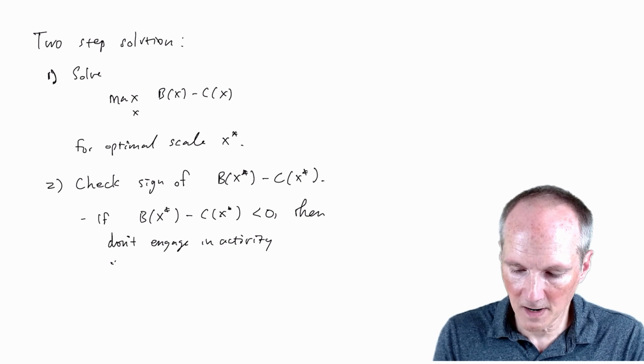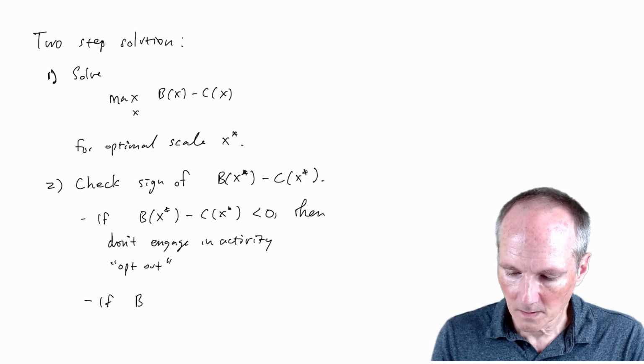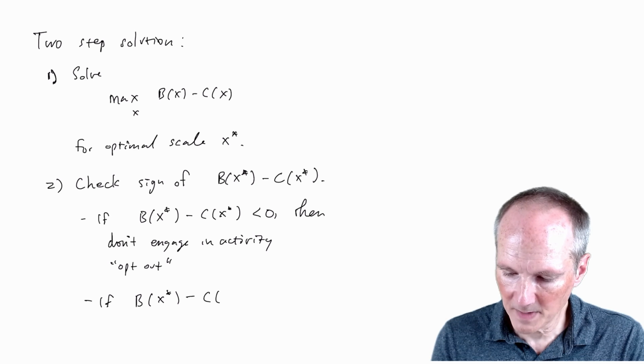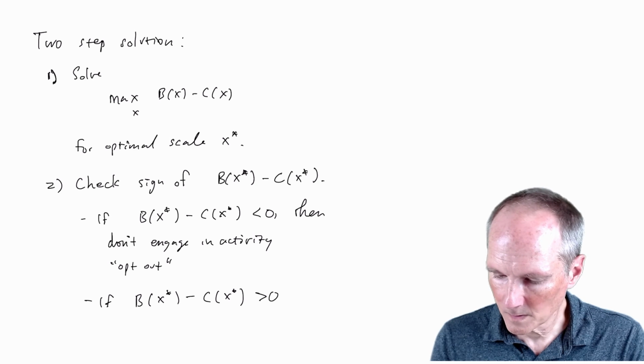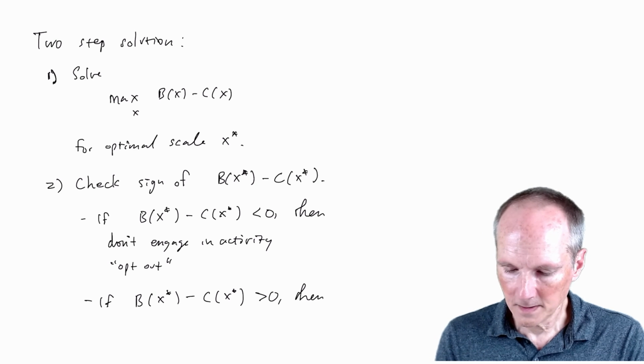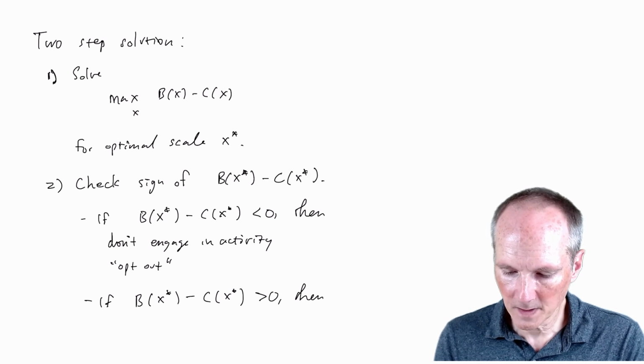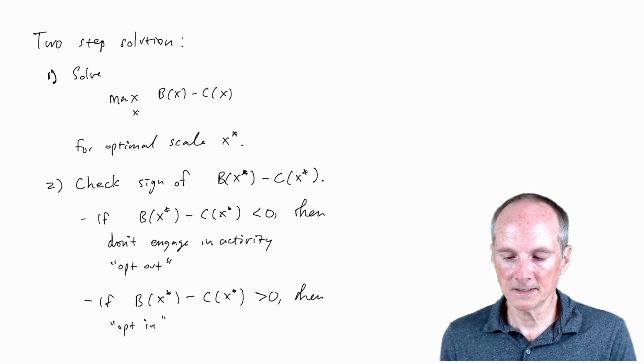That is, you opt out. Okay. On the other hand, if it's positive, if the maximized net benefit's positive, then you would opt in, okay, and engage in the activity.